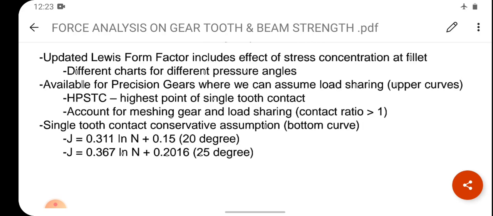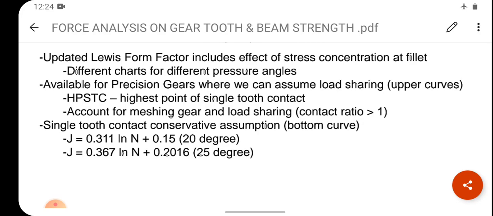Available for precision gear where we can assume load sharing, that is upper curves, HPSTC, already explained on the top right corner, that is highest point of single tooth contact. What was that? Highest point of single tooth contact. Account for meshing gear and load sharing, contact ratio should be greater than 1.